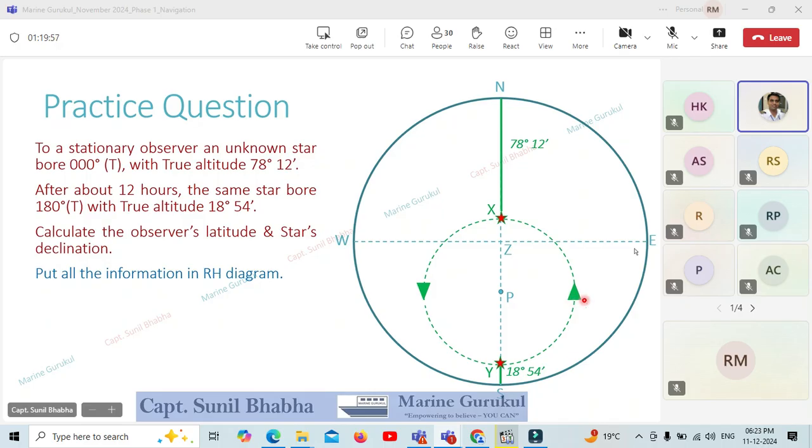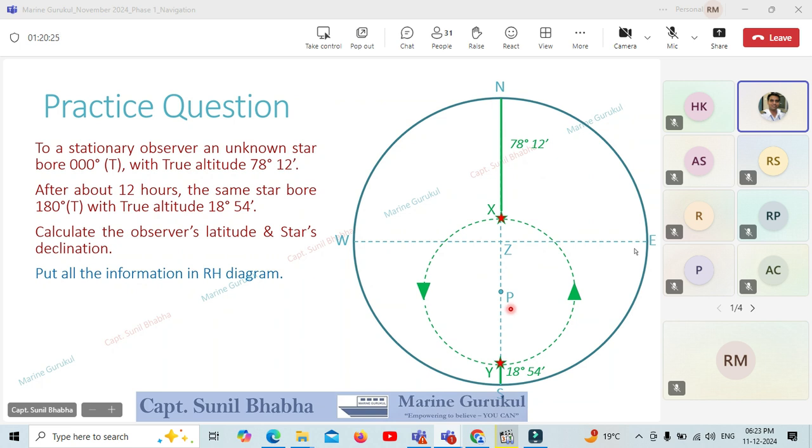These green arrows represent the direction in which the star will be moving. All the celestial bodies rise on the eastern horizon, go up to the meridian of the observer and set on the western horizon. So this is the direction in which the bodies appear to move. So we have the pole at the center of the declination circle.